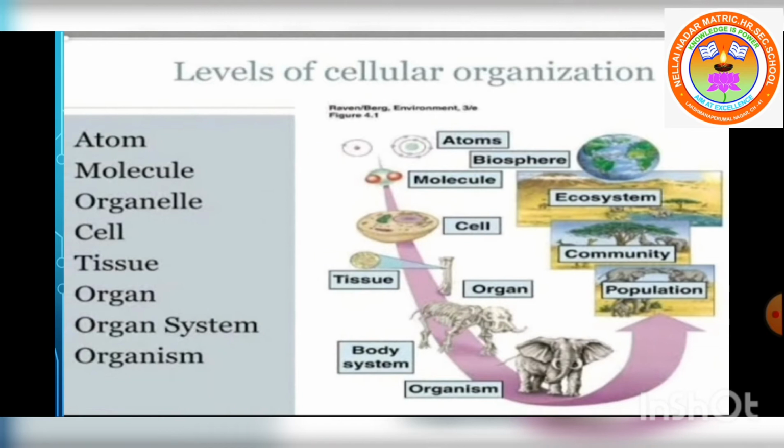Atoms organized into molecules, molecules into organelles, organelles into cells, cells grouped to form tissues, tissues grouped to form an organ, organs grouped to form an organ system, organ system into an organism.